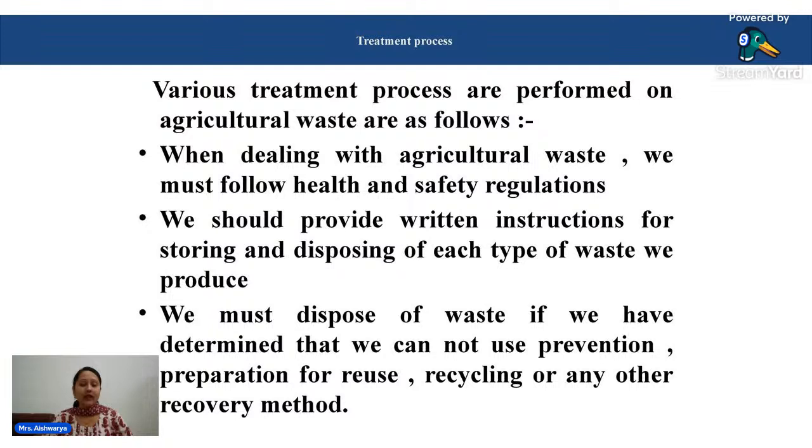So we should provide written instructions for sorting and disposing of each type of waste we produce in the agricultural sector. We must dispose of waste if we have determined that we cannot use prevention, preparation for reuse, recycling, and other options.